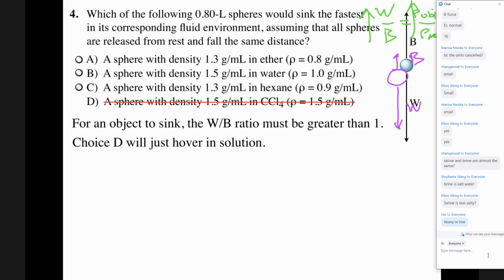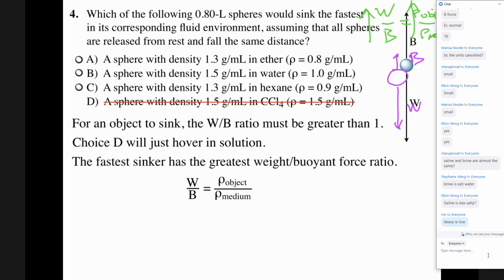Exactly, C. Why C? Same object, but more dense than medium, it's going to slow it down. So we want the largest weight to buoyant force ratio, as we mentioned. So we want the largest density of object divided by the smallest density of medium. Choice C is out because A beats that.